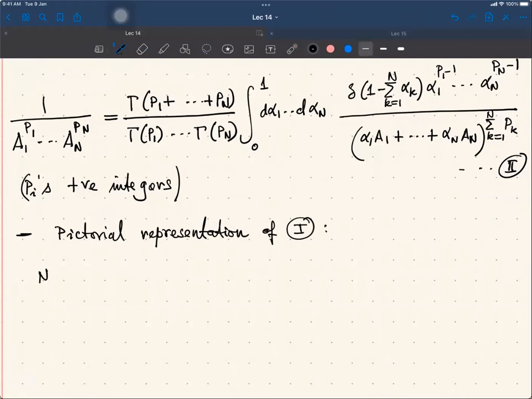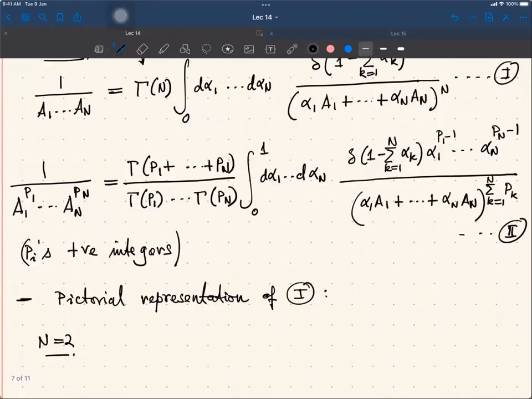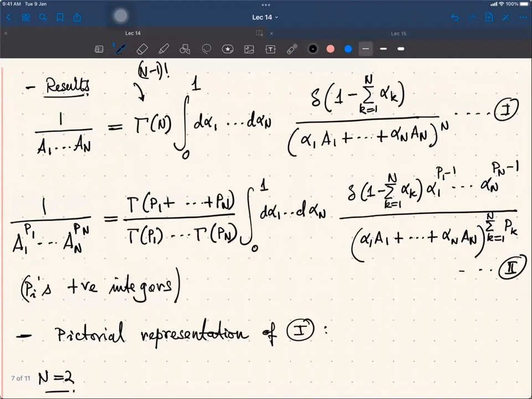Let's take n equals 2. There are two complex numbers, 1 over A1 times 1 over A2, and correspondingly there are two real parameters, alpha 1 and alpha 2, both going from 0 to 1.